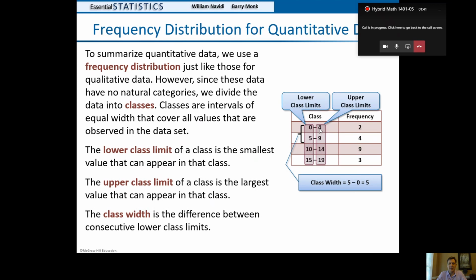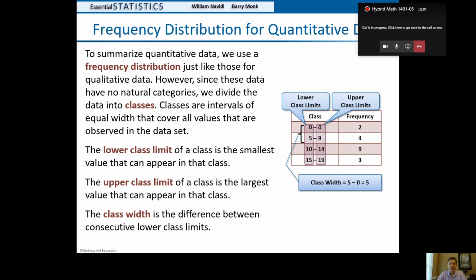The upper class limits are really only useful for showing the range of values and the accuracy with which you're going to measure your data values.